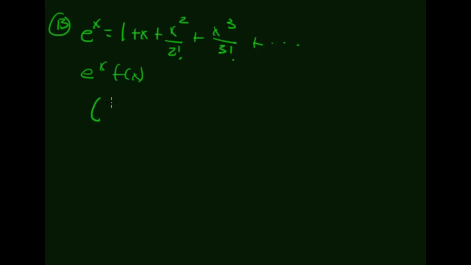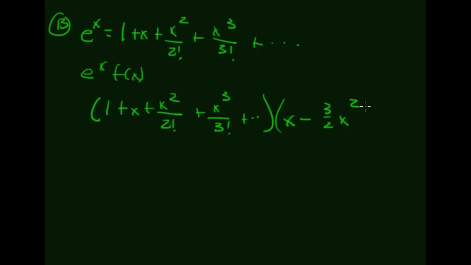So we're going to multiply 1 plus x plus x squared over 2 plus x cubed over 6 times where we started here, which is x minus 3 halves x squared plus 3x cubed. And we don't need any more than that because this is third degree, right?